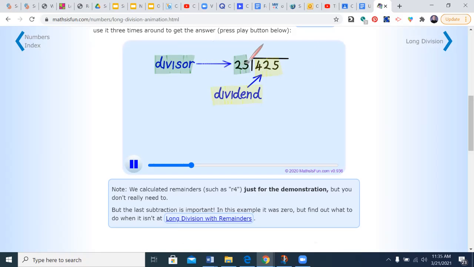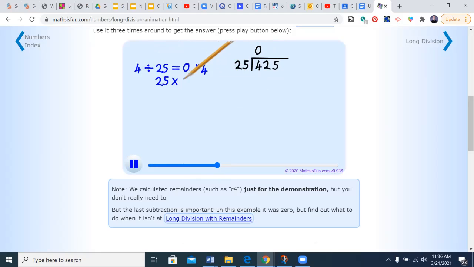It's important to know this terminology. 25 does not go into 4, so I put a 0. Now those 4 groups of 100 are going to be regrouped as 42 groups of 10. So we go into the tens place.